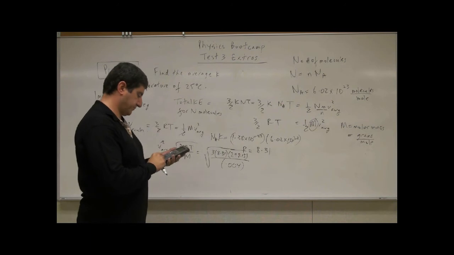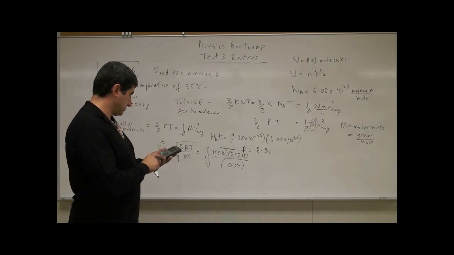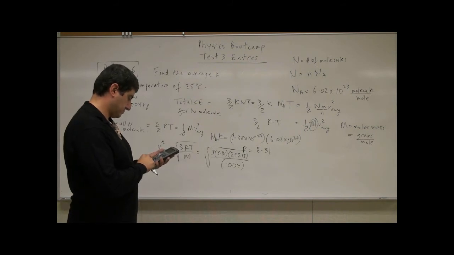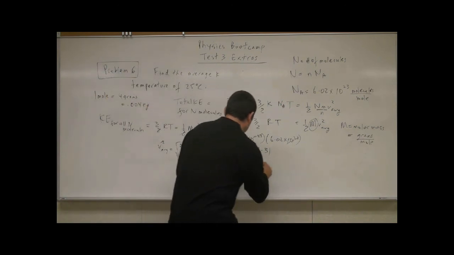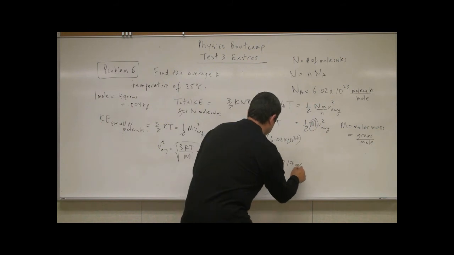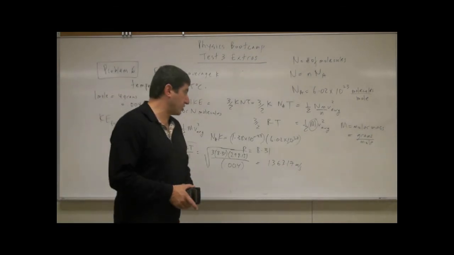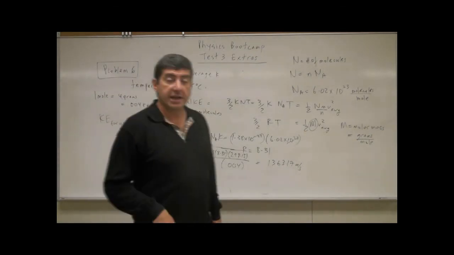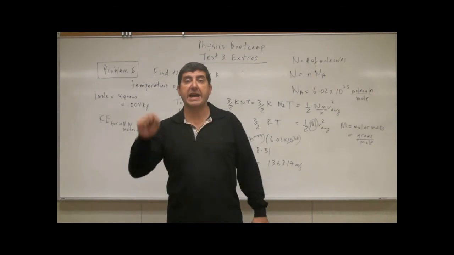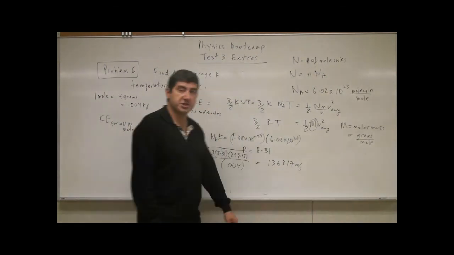Okay, so do this. So we get a speed of 1,363 meters per second. So at a temperature of 25 Celsius, average velocity of the molecule of the helium atom is 1,363.